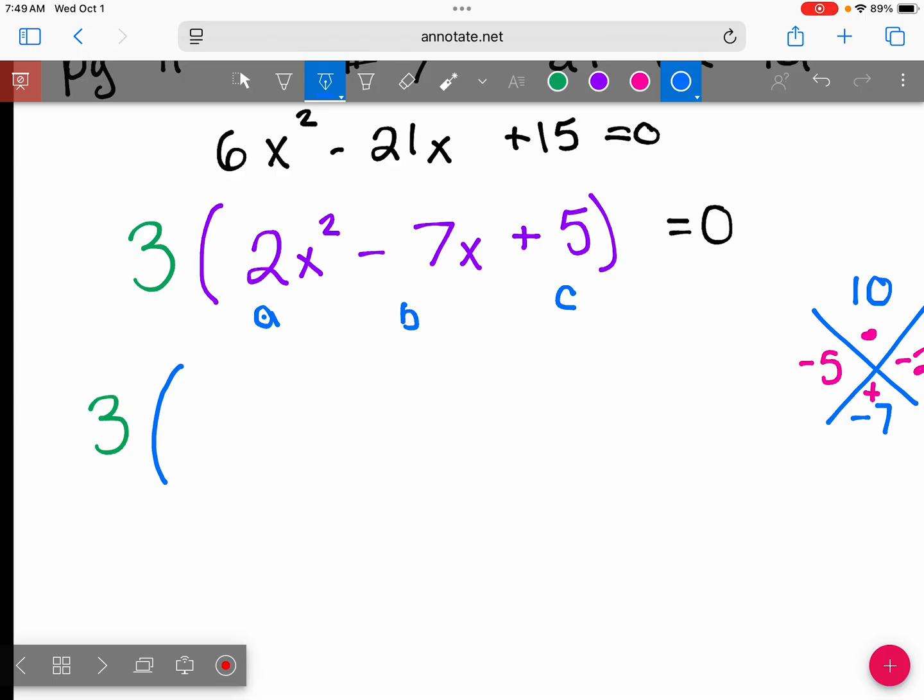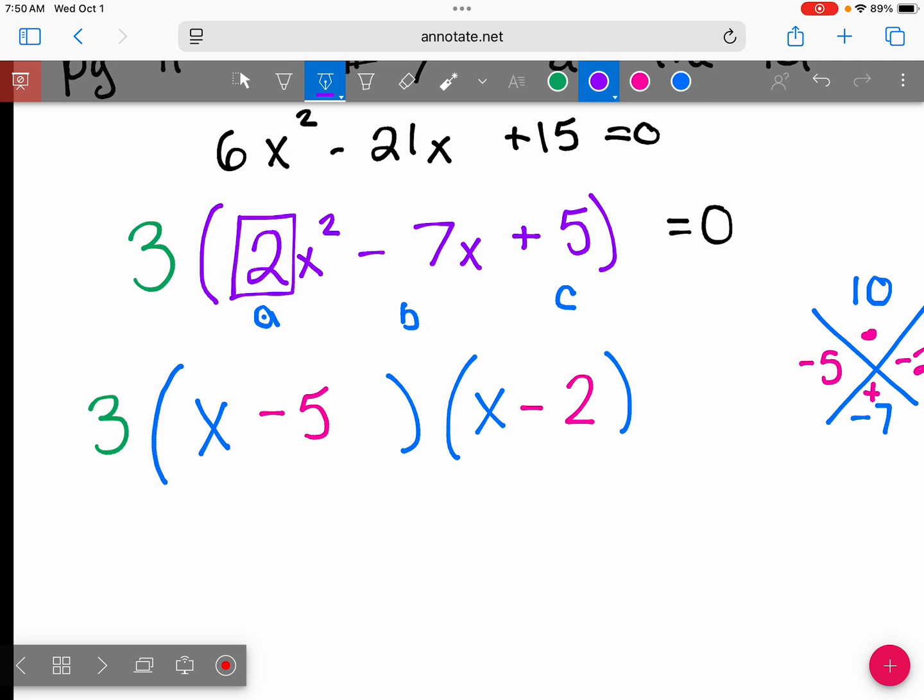So I'm going to put my x with my minus 5 and my x with my minus 2. But I'm not done on this step, because I also need to put my a value, this 2, as a denominator. So I need to divide this piece by 2, and I divide this piece by 2. This is how we set it up for bottoms up.